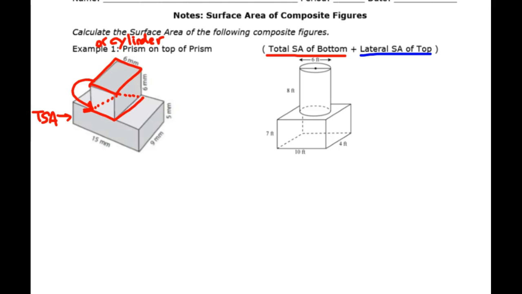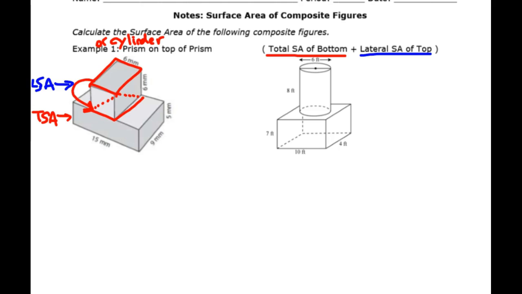Now, if I remove the top rectangle, that top face from the top prism, the only thing I'm left with is the sides. What do you call the surface area that's only on the sides? Lateral surface area. So that means the top would be lateral surface area.